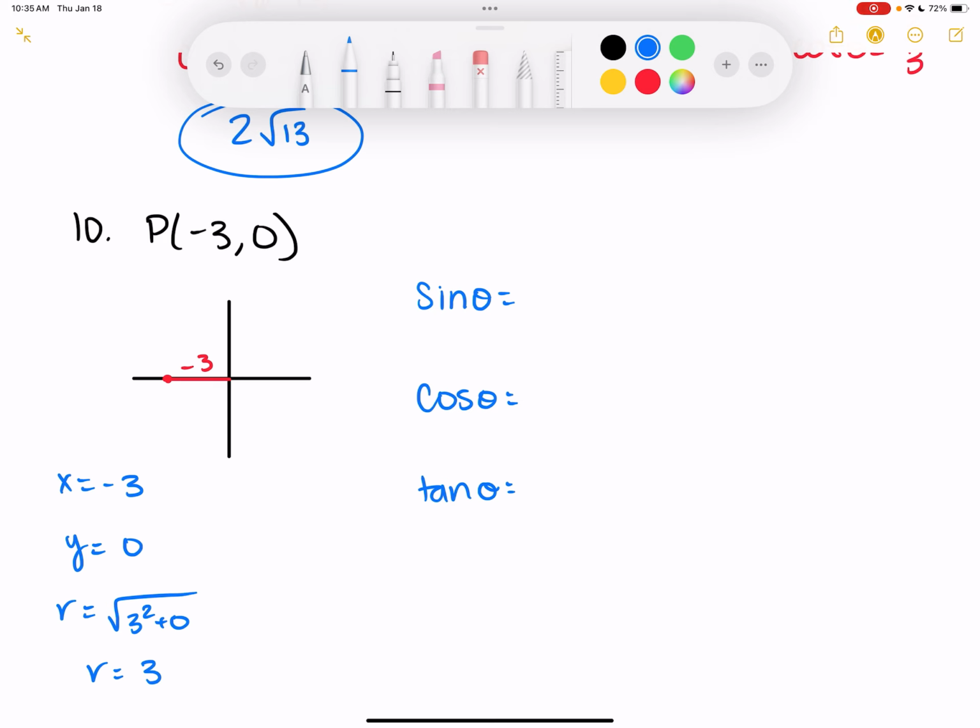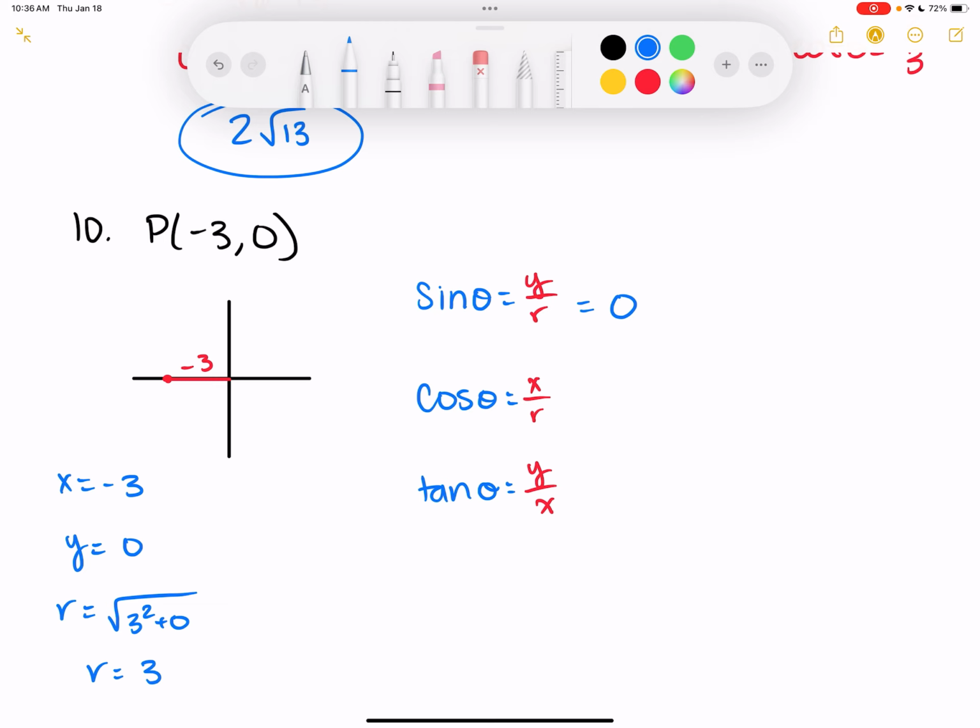So when we do this, we need to think about sine as if it is y over r, cosine is x over r, tangent is y over x, and then we'll flip them, obviously, like normal for the other stuff. So y over r would be 0 over 3, which is 0.